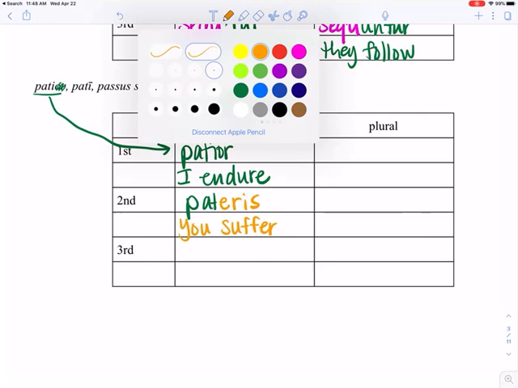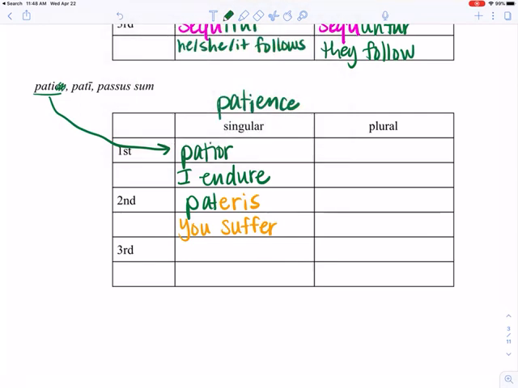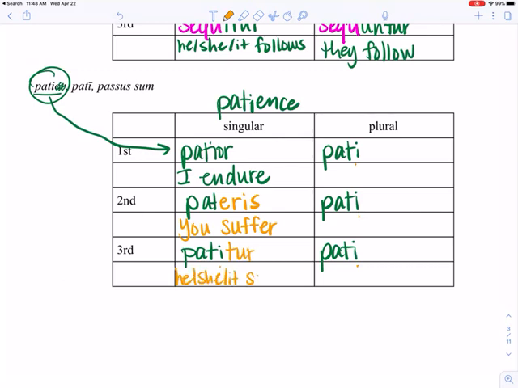Now going back for the rest of these, we are going to go with pati, P-A-T-I, as our stem. Why does it do that? I have no idea. But now we have the I's here, so I don't need to add the I's that are in parentheses. So for third singular, we're going to have patitur, and again, this is he, she, or it suffers.